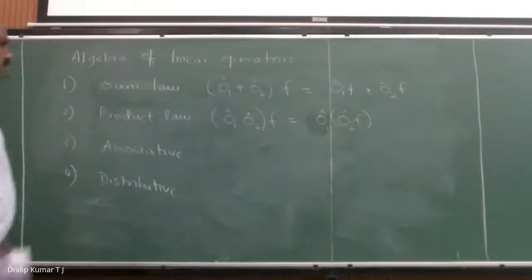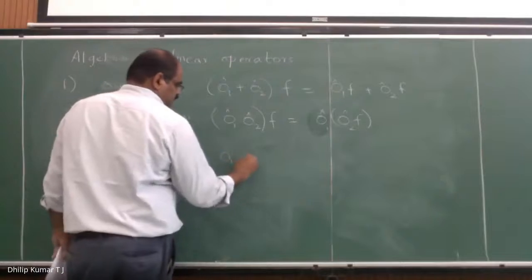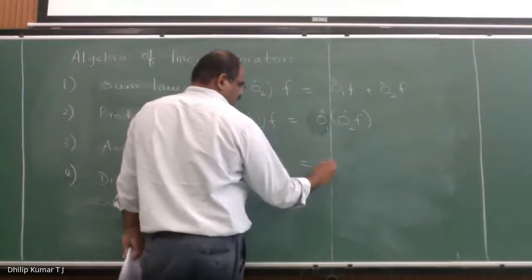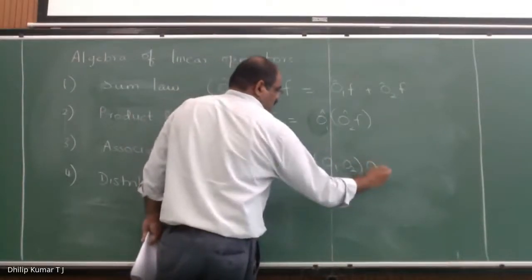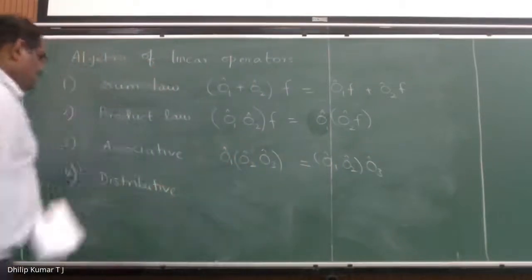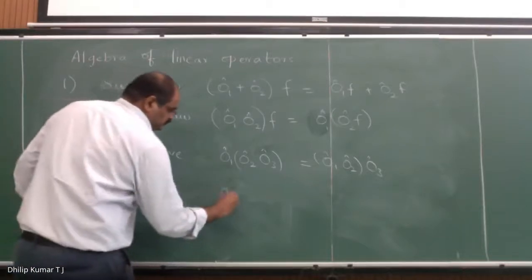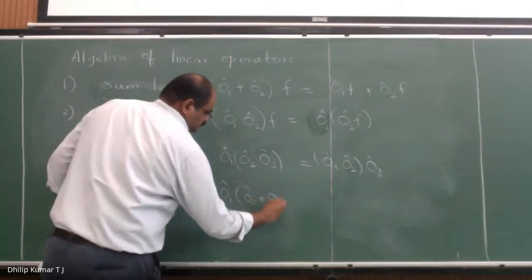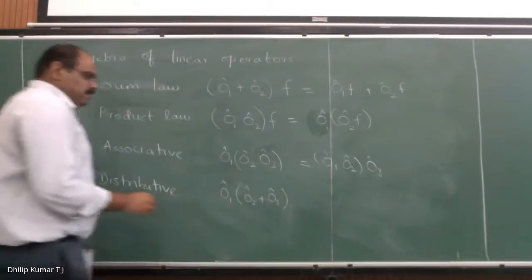Similarly, one can write the associative law, the same as O1, O2, O3. These are all operators. The distributive law can be written as O1 times O2 plus O3 equals O1O2 plus O1O3. I'm sure you have studied these things in school, maybe in 7th or 8th standard.